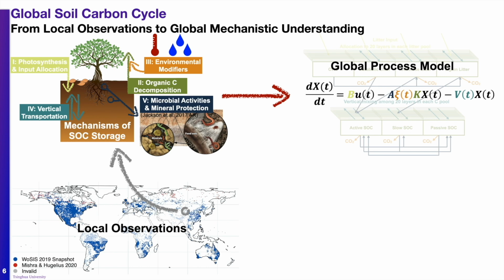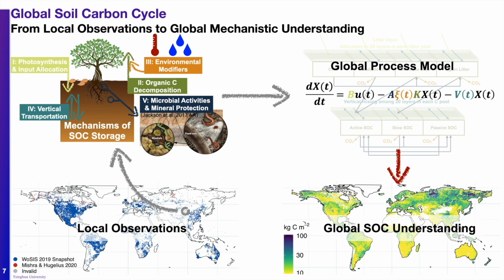For modelers, on the basis of the mechanistic understanding from local observations, we can abstract those mechanisms into mathematical equations. And by using the mathematical equations, we can simulate the target properties in the soil carbon cycle, such as the distributions of soil carbon and how it may respond to climate change, to gain more understanding of the carbon cycle at the global scale.